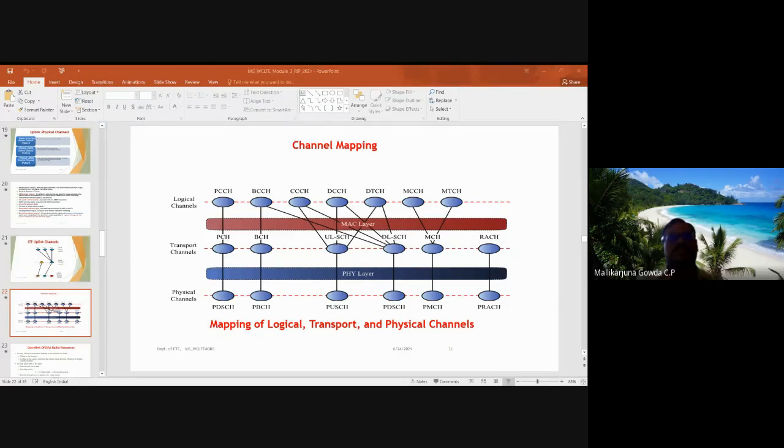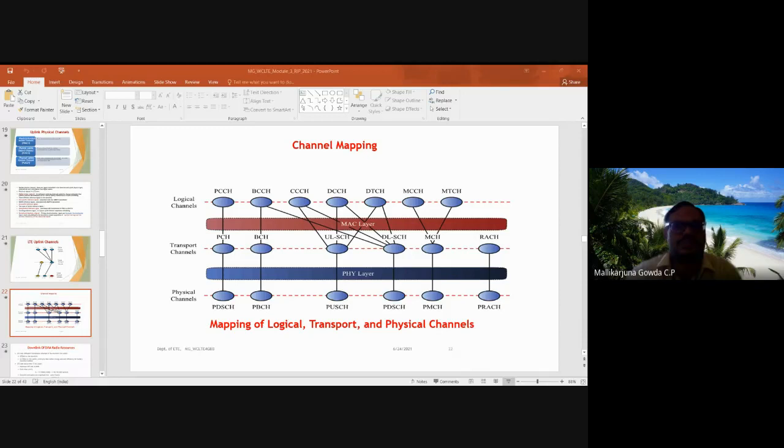Okay, fine. So is it possible to grasp this and say what I see? Whatever I've discussed so far can be understood in this one slide. These are all the different logical channels: paging control channel, broadcast control channel, common control channel, dedicated control channel, dedicated traffic channel, then multicast control channel and multicast traffic channel.